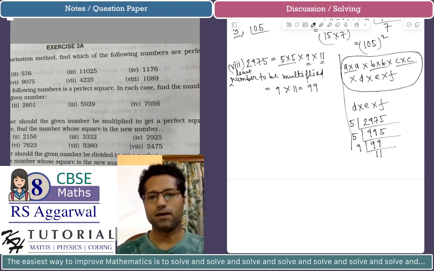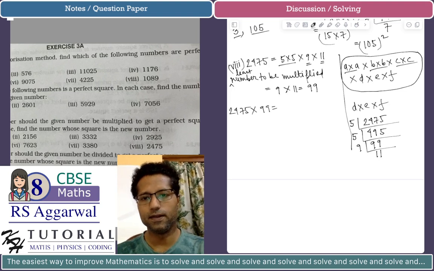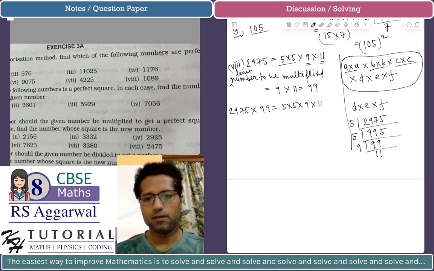Now if we multiply 2475 with 99, what are we getting? We are getting 5 into 5 into 9 into 11 into 9 into 11.